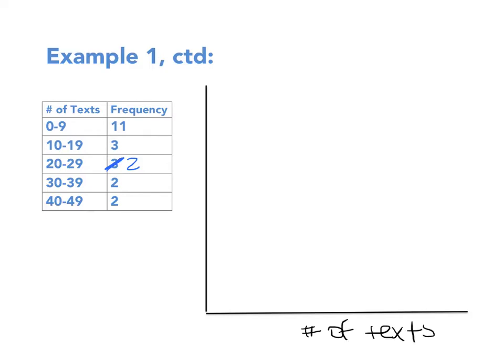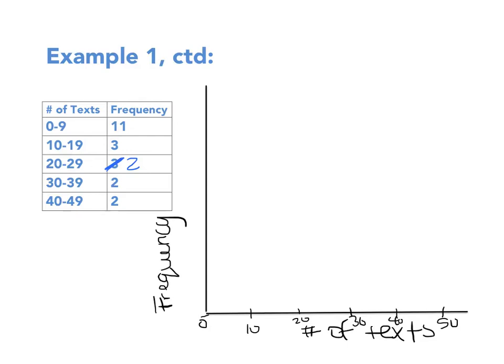And I did a range of 10, so I'm going to go 10, 20, 30, 40, 50, and of course this is 0. I go up to 11 for my frequency, and this side is going to be labeled frequency.